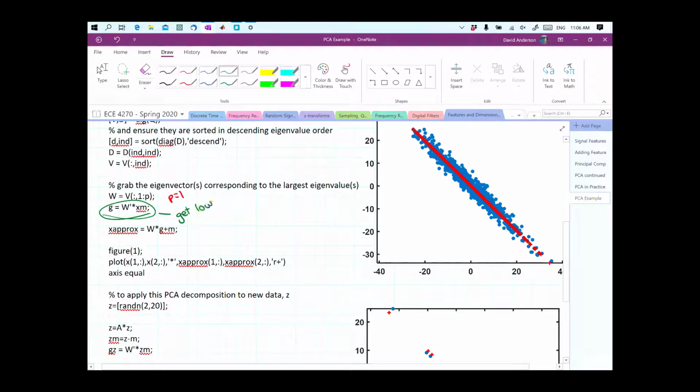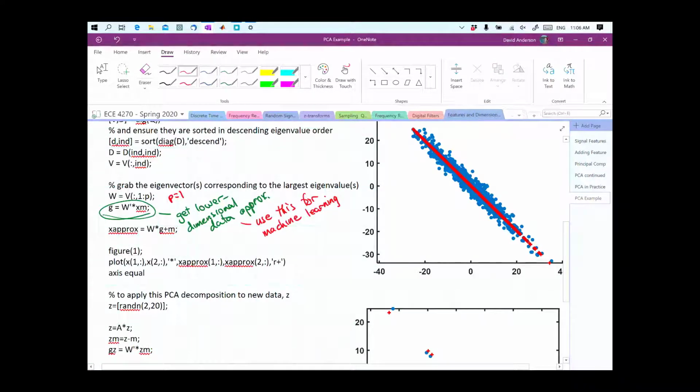Get lower dimensional data approximation. So use this for your machine learning algorithm or classification or whatever you may have where you want to operate on lower dimensional data.